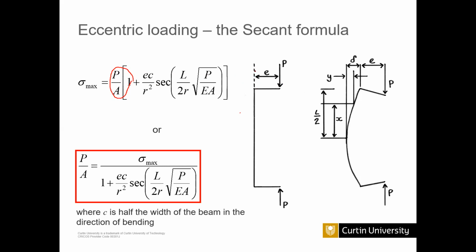If you deviate E distance, due to this E distance, this part will come up, times P upon A. You can get some rough idea with this equation.